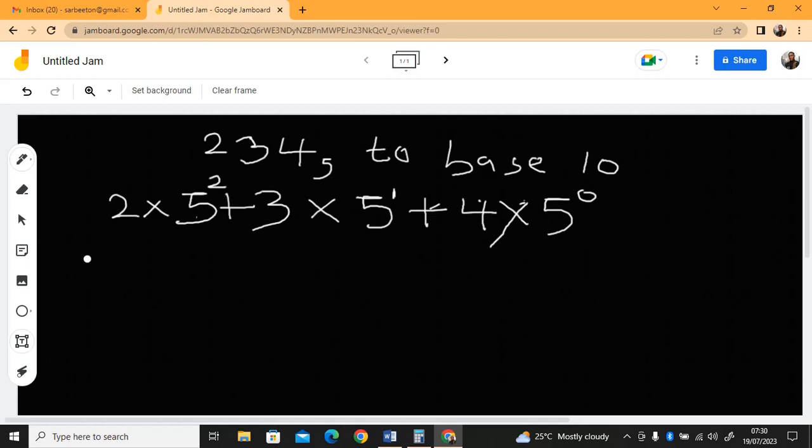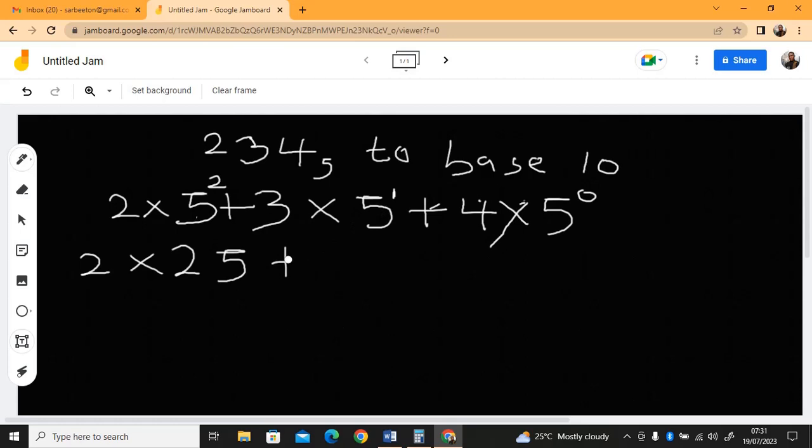Now next thing should be 2 times 5 raised to power 2, which is 5 times 5, not 5 times 2. Be careful. 5 times 5 is 25. Then plus 5 raised to power 1. Any number raised to power 1 is that number.